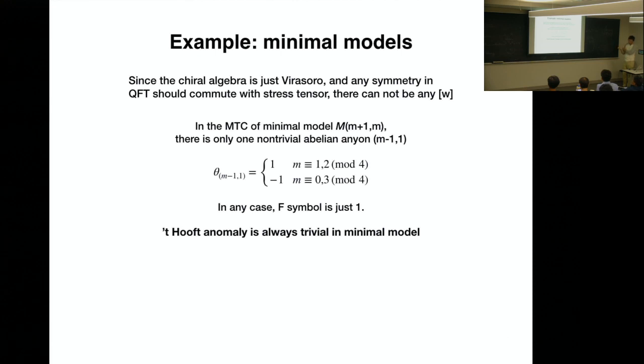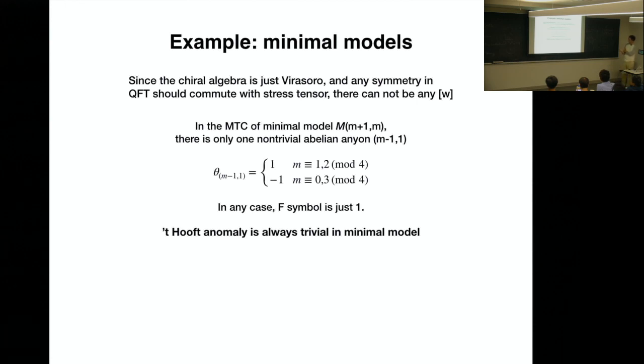And that simplifies the calculation a lot, and then you can just look at the data of this CFT, and the conclusion is that, in this particular case, if the symmetry commutes with the whole Virasoro algebra, which is very natural for minimal models, then the minimal model cannot have any anomaly. Okay? It just doesn't have enough symmetries to do that.